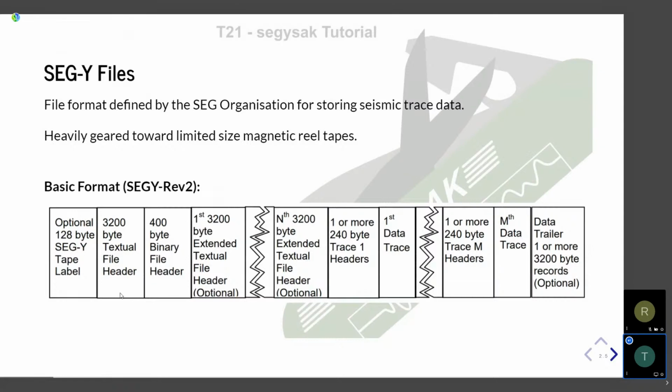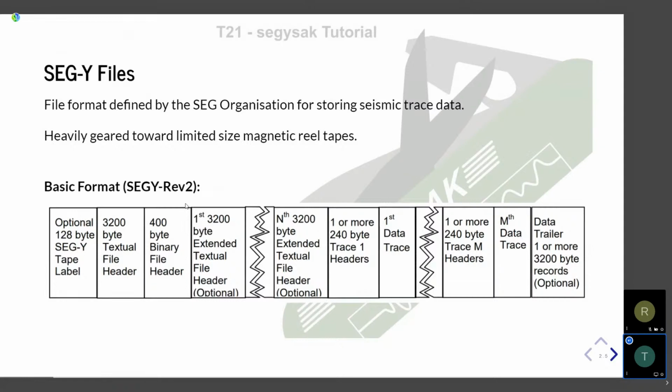And this generally contains just sort of string information about the data that is contained within the file itself, as well as potentially information about where information is stored within the headers. You then have kind of like a global binary file header, 400 bytes in size, which contains information about the sample rate, the sort order of the traces, and so forth.